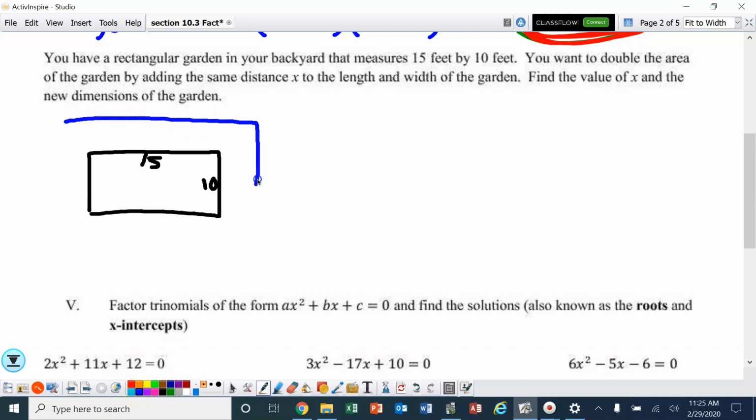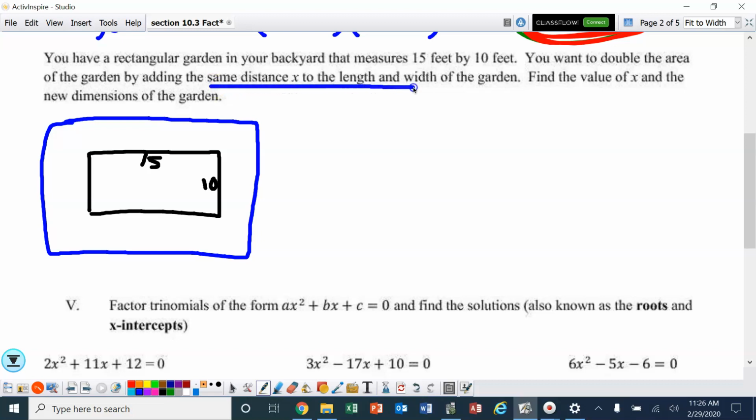So I'm going to draw another one around it like this. We're going to double the garden, and it says the same distance x to the length and the width of the garden. So I don't know how much that is. I added x to the left side. I added x to the right side.